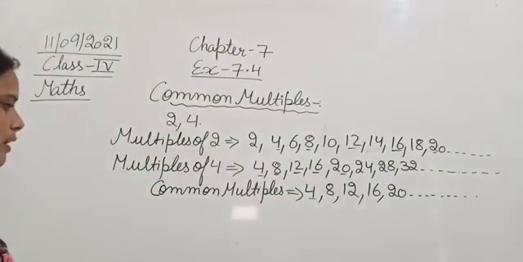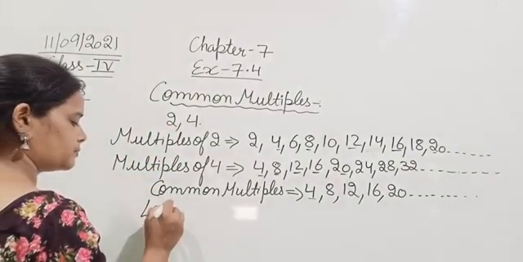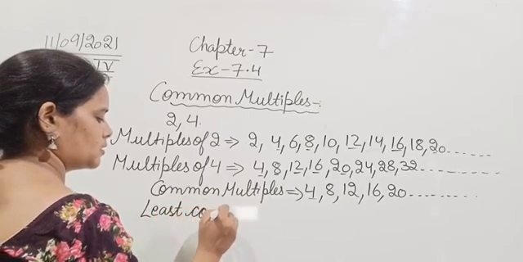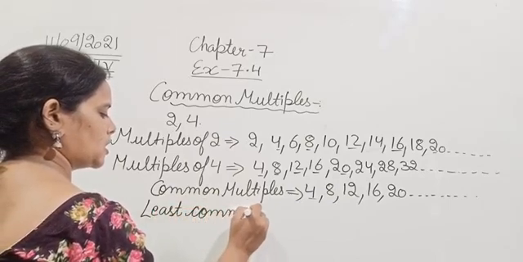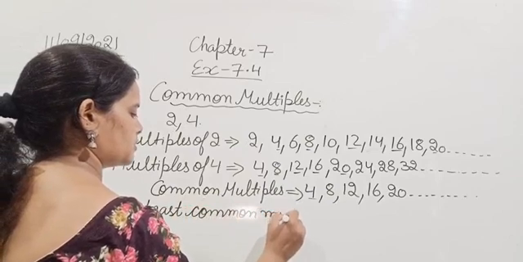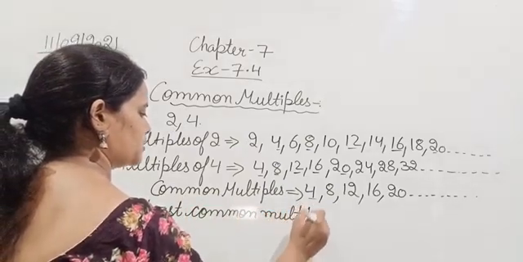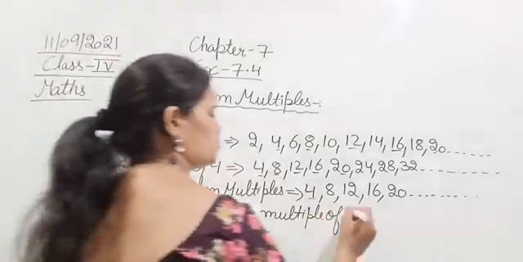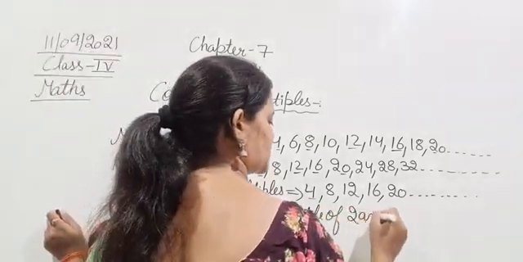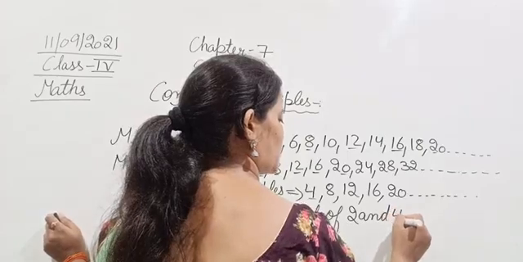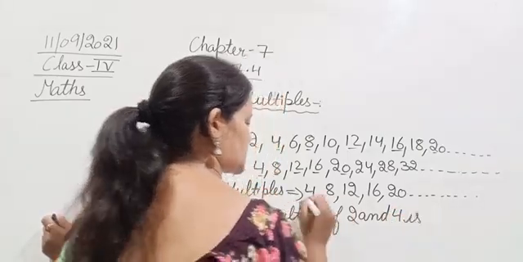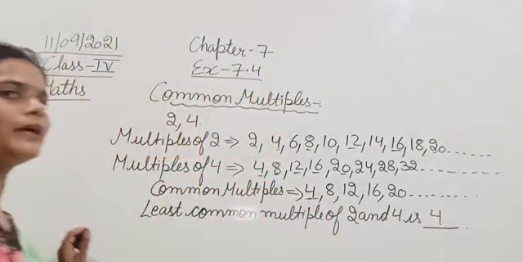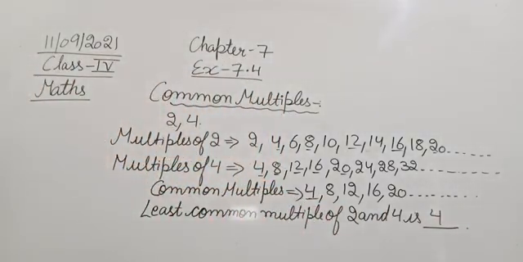So that's why you will write the least common multiple of 2 and 4 is 4.